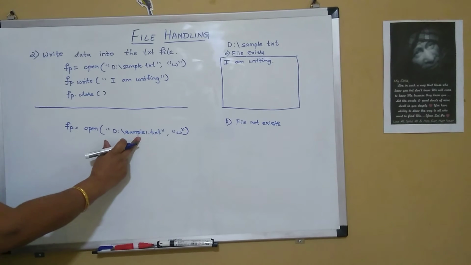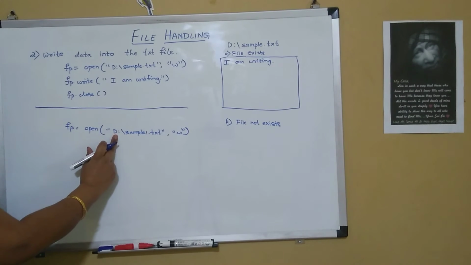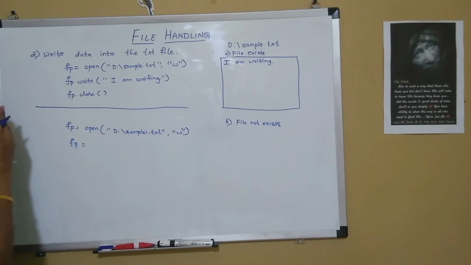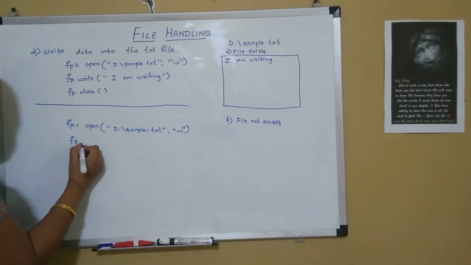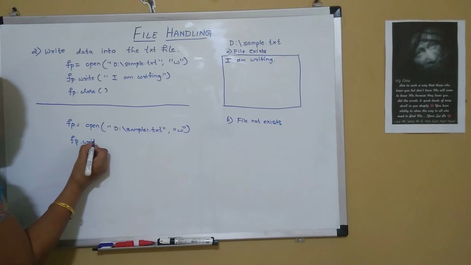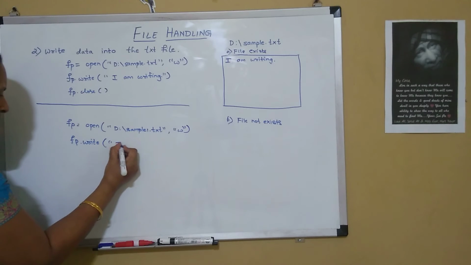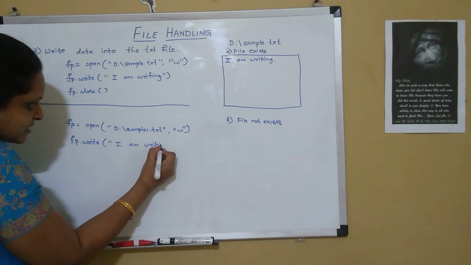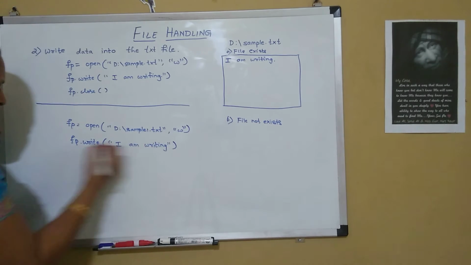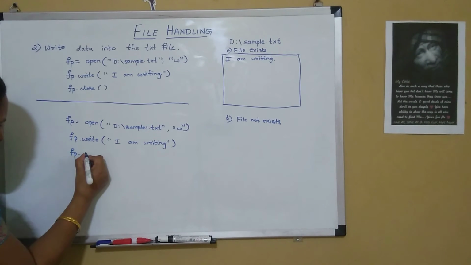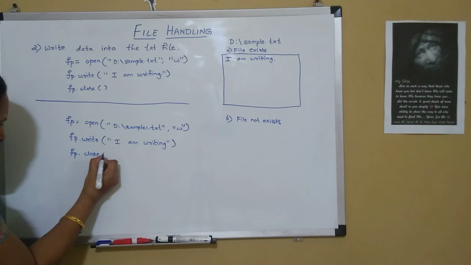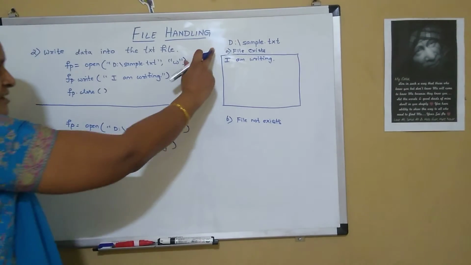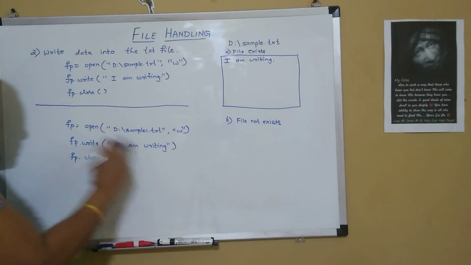So in this case sample1.txt is not present in D drive, and I want to write fp.write, I want to write I am writing into the file, and I'll close the file explicitly with fp.close. Now what happens?